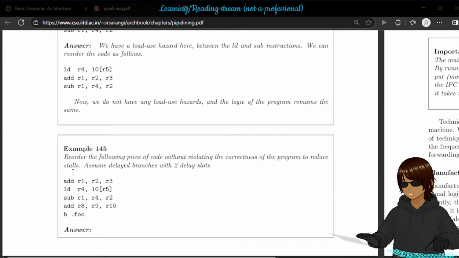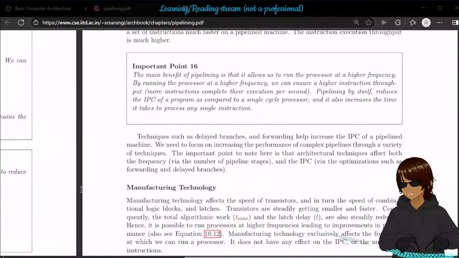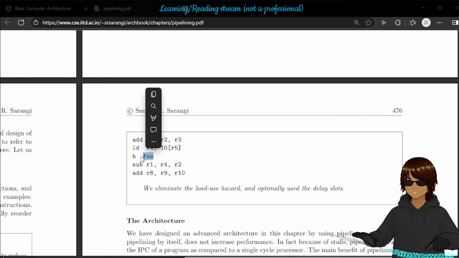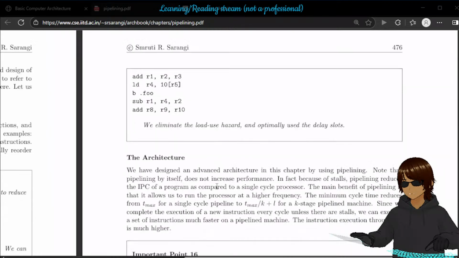So we switch add and load again because we need R4. And do we add nop instructions, or branch to foo? I guess branch to foo takes up 1 cycle, right? So I guess that will eliminate the load use hazard.